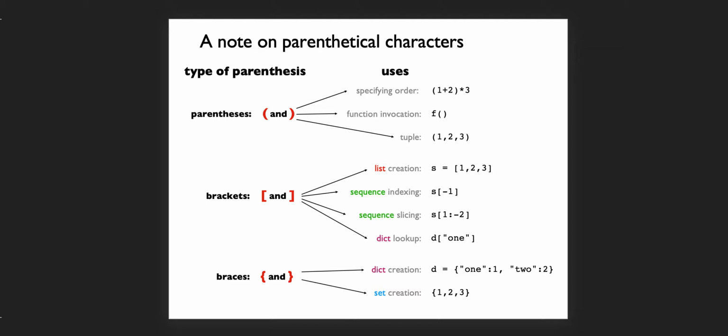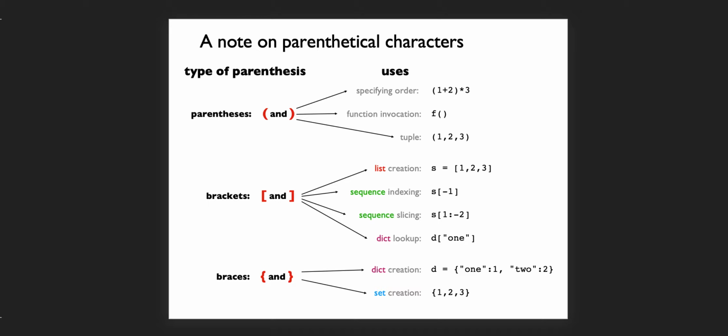The first is specifying an operator precedence order if you want to override the default precedence, the second is for function definition or function invocation, and the third is instantiating a tuple.